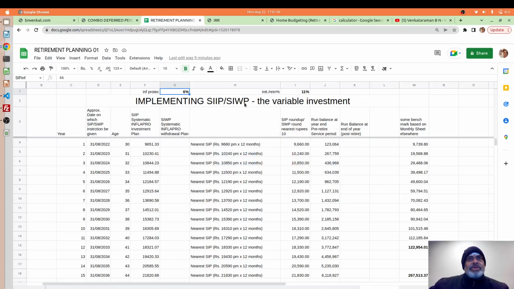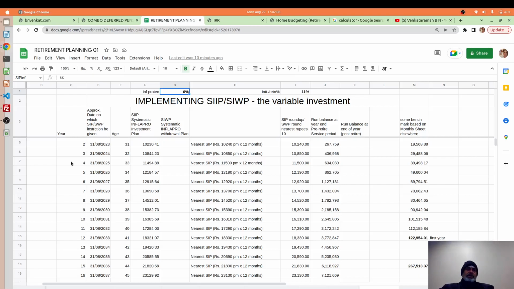Implementing SIP, SIWP, the variable investment. I have this in the same retirement planning file, in sheet 11, SIP, SWP. How to implement? Year 1, 2, 3, 4, that is investment years or withdrawal years, the policy year.